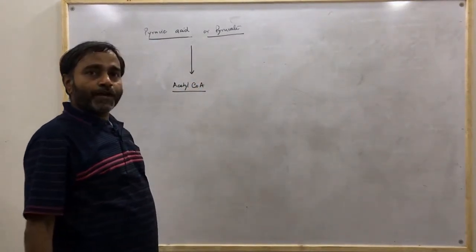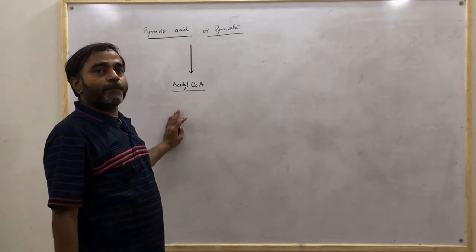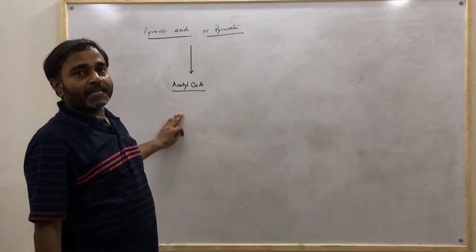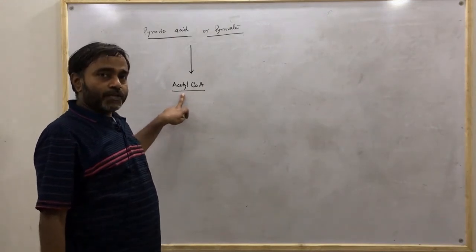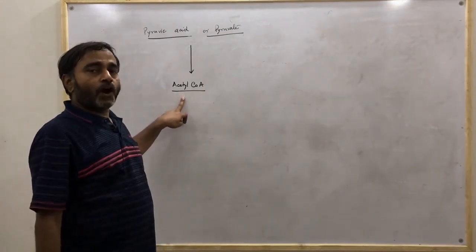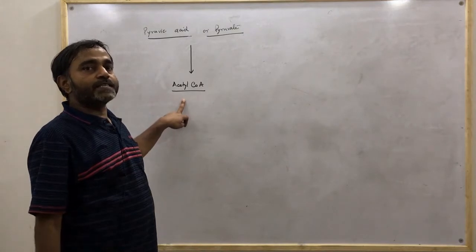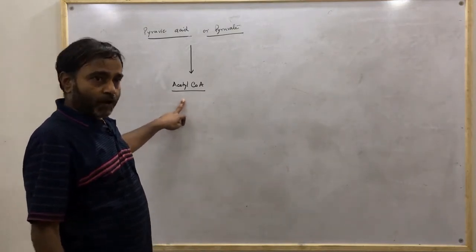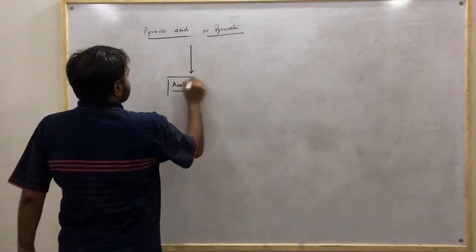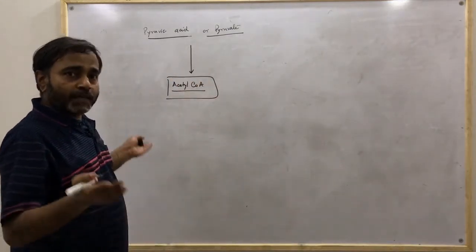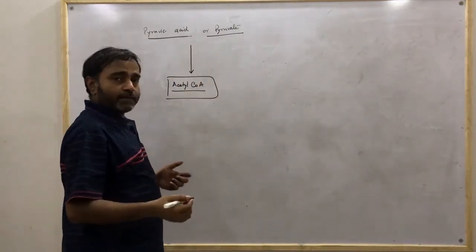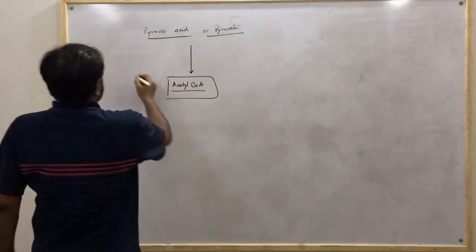What is this acetyl-CoA? Acetyl-CoA is an important entity. Why am I telling you this? Because it will serve as the junction which helps in the interconversion of different biomolecules. How? Because acetyl-CoA can also be formed from other sources.